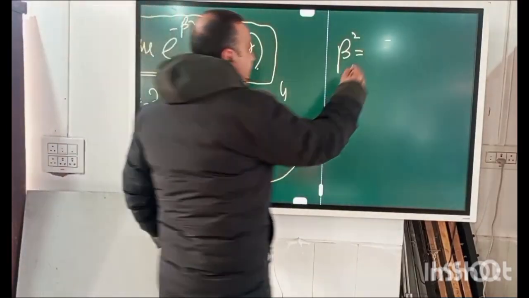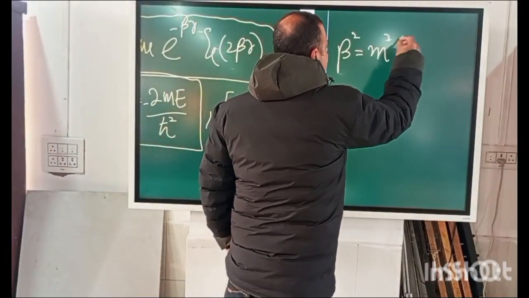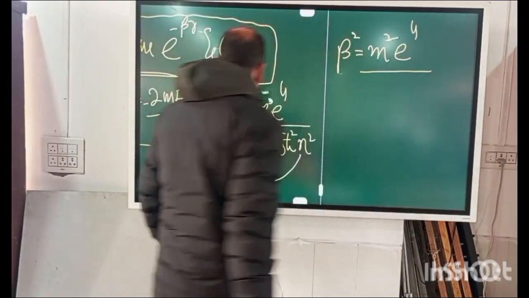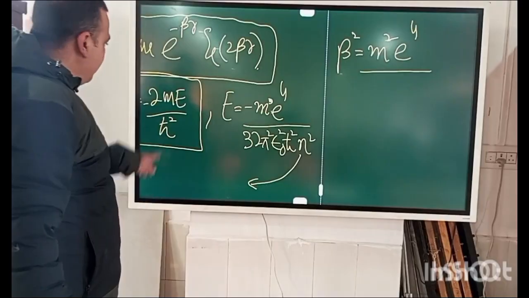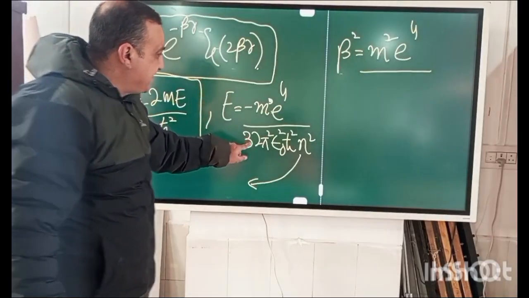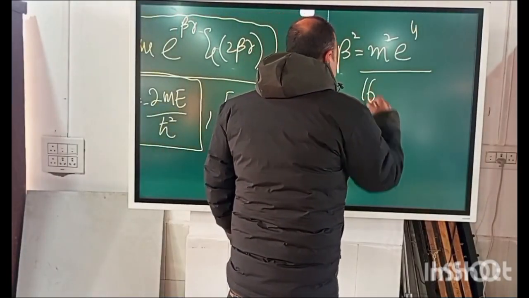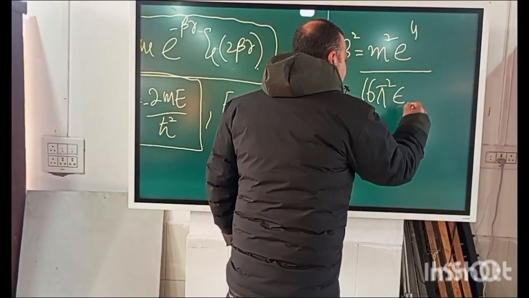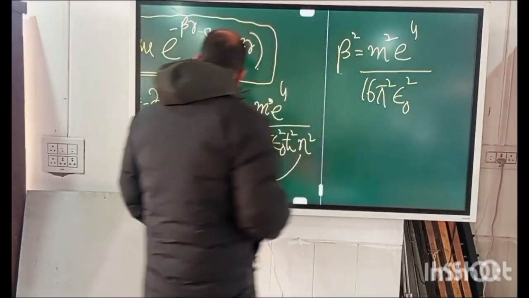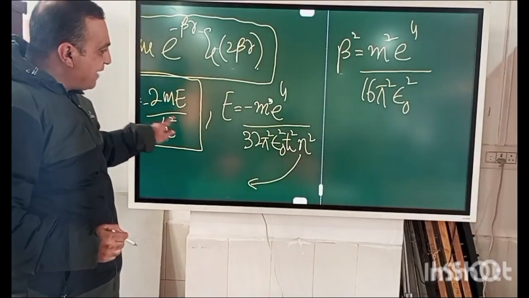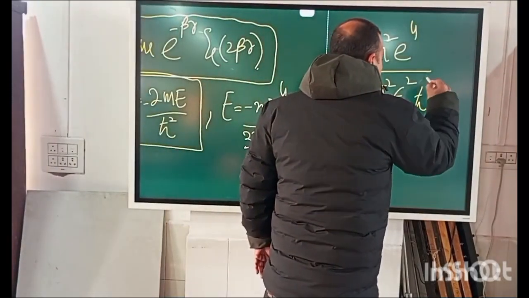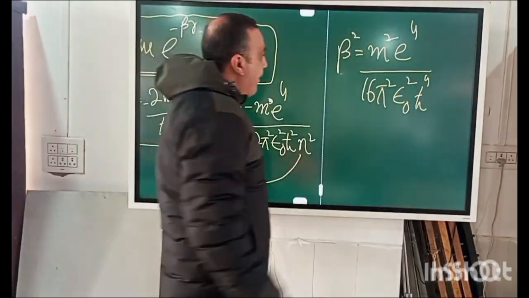So you will have beta square is m square e to the power of 4 divided by 16 pi square epsilon naught square h bar to the power 4 n square.